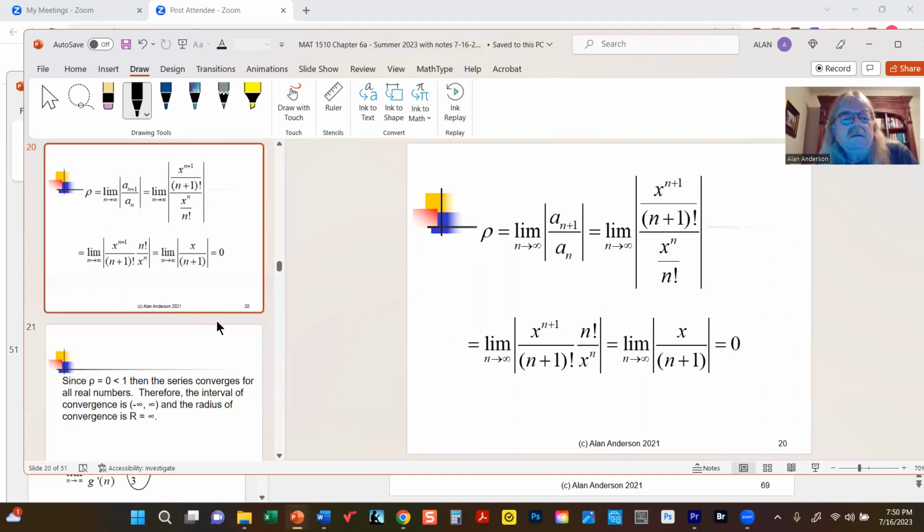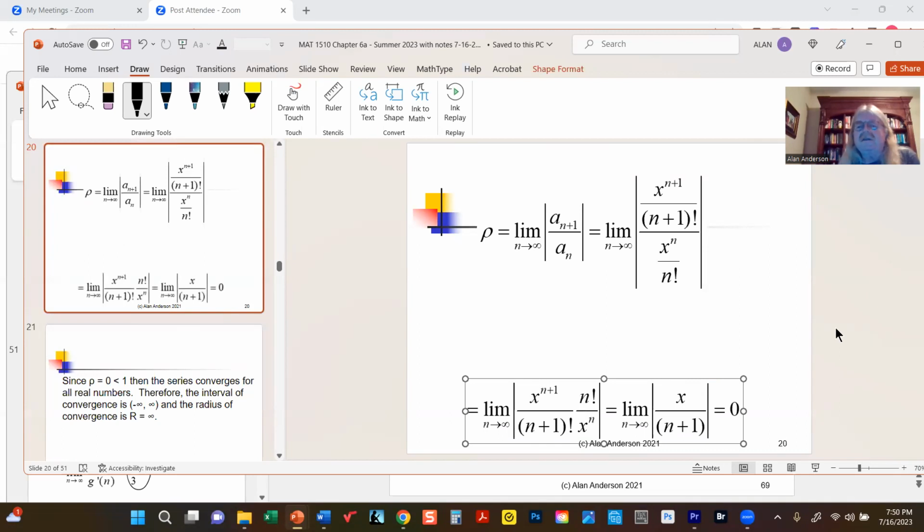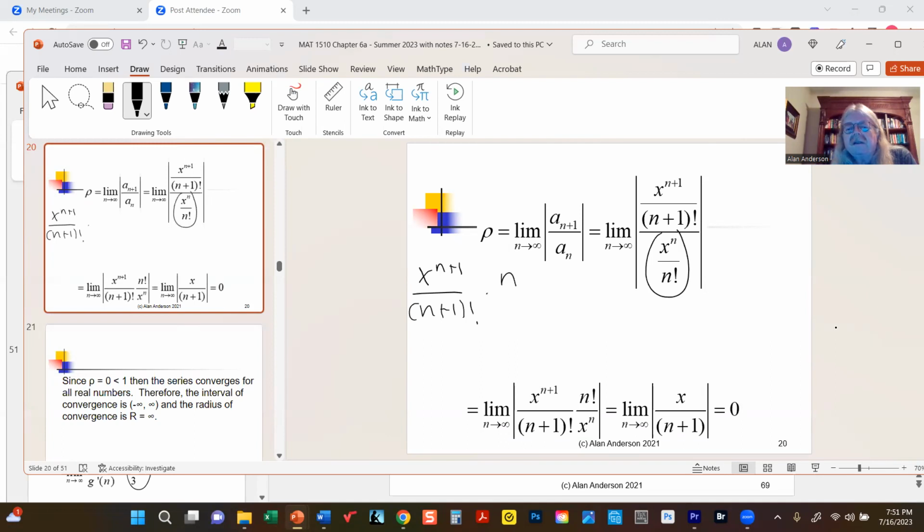Now, we can rewrite this. In fact, let's do this. The denominator is here, so we can rewrite it like this.